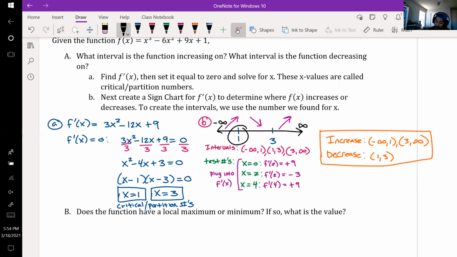This means that at 1, we have a max or a minimum. No, other way, increase, decrease means you have a local max, right? Because if you increase and decrease, you create the local high point.